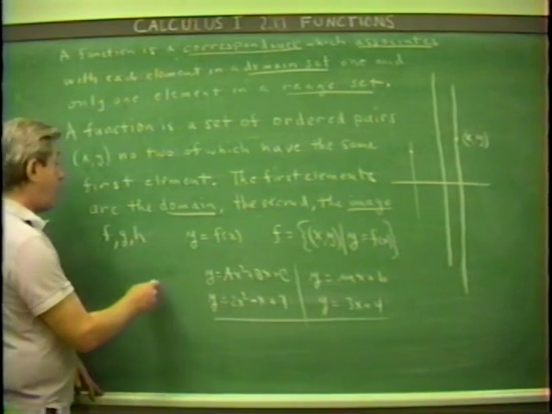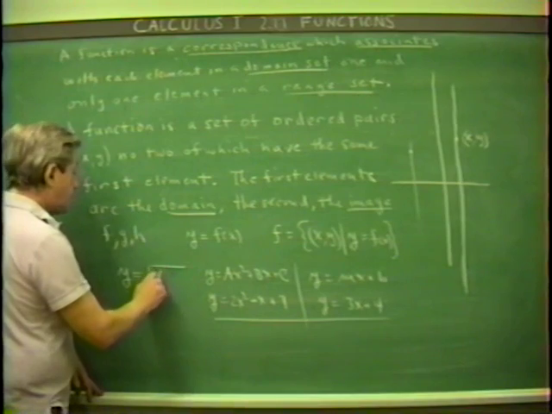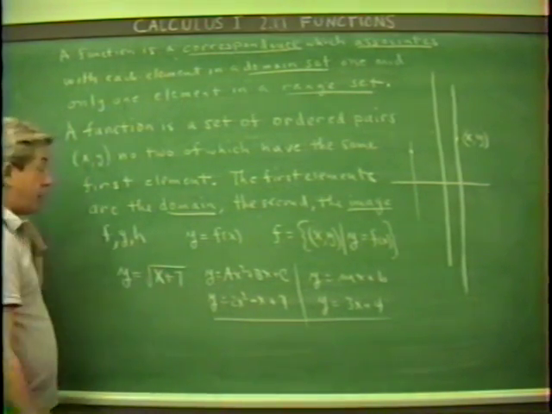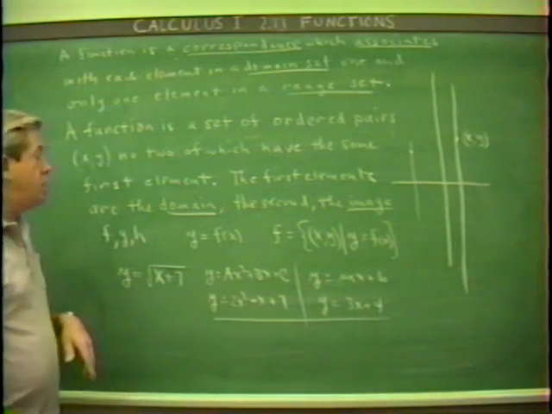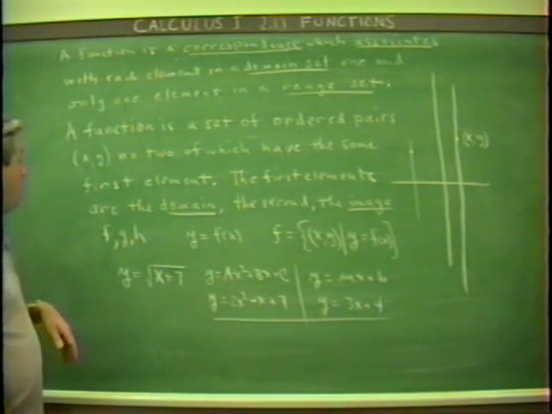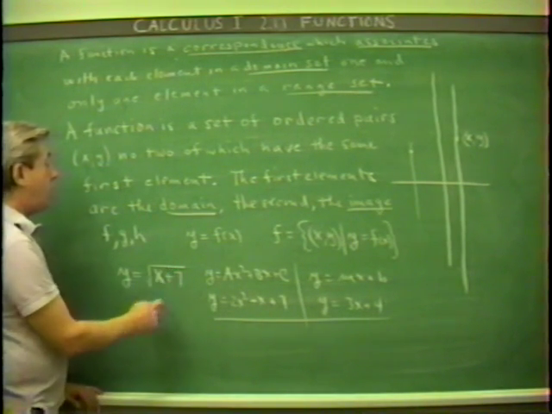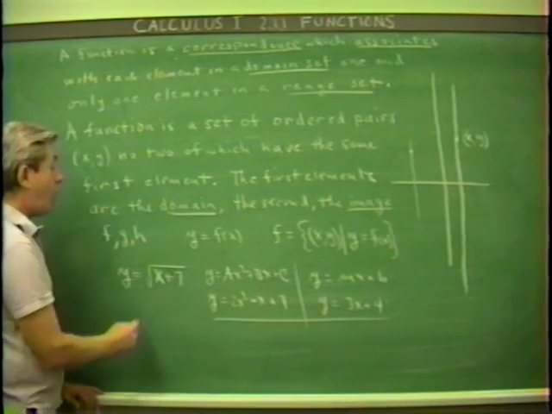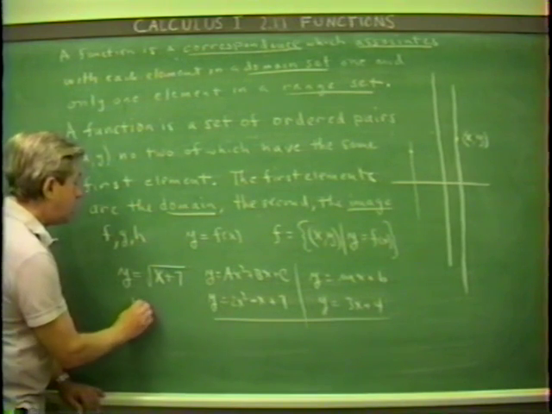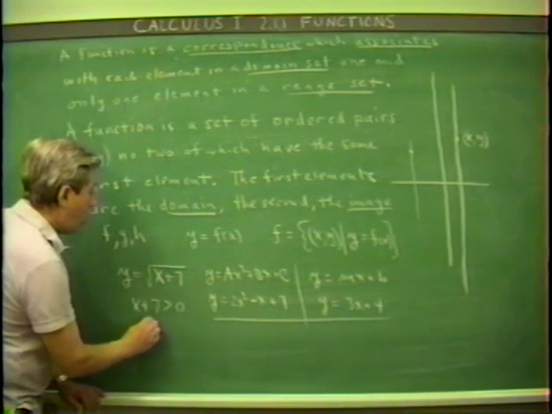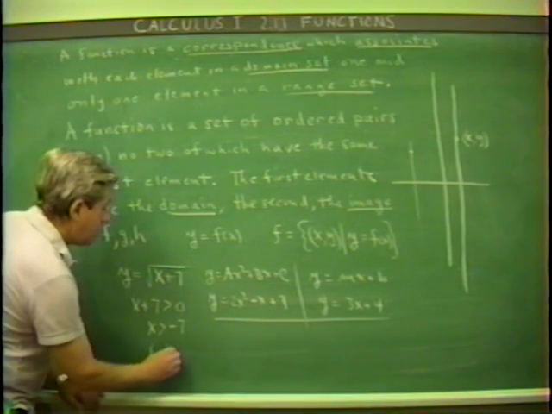Sometimes it's necessary to figure out what the domain of a particular function is. y equals the square root of x plus 7, for example, is an example of a function. You take a number, you add 7, you take the square root, you have a unique answer. The natural domain for this function is the collection of all x for which this quantity can be defined. That's to say, in order for this to be defined, x plus 7 must be greater than or equal to 0, or x must be at least minus 7.